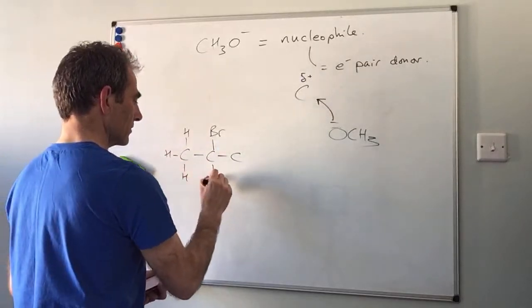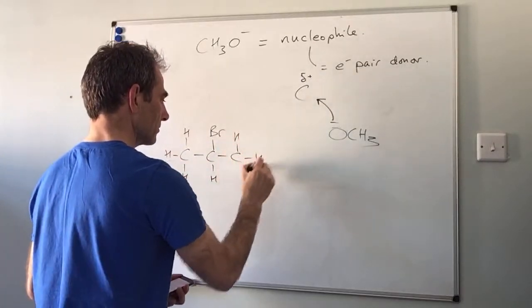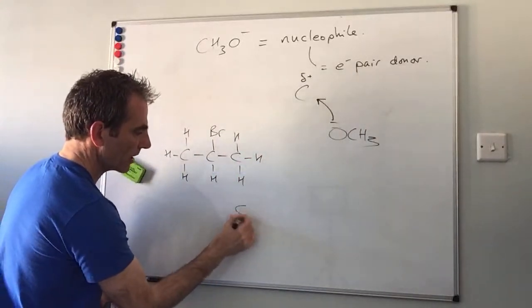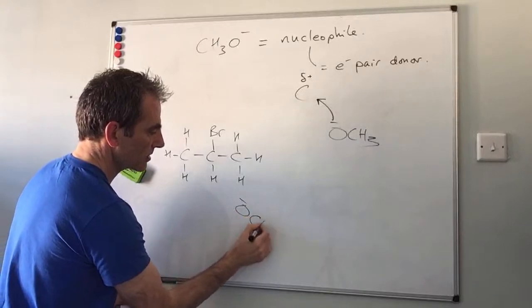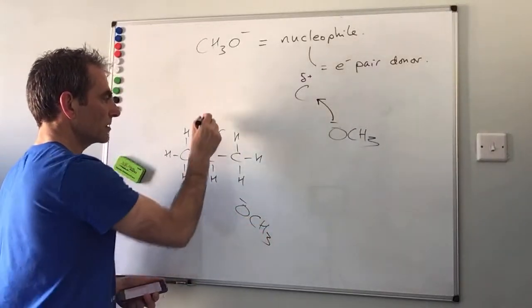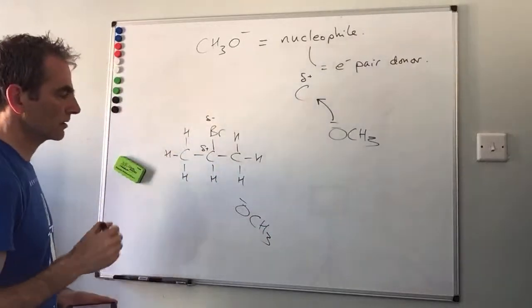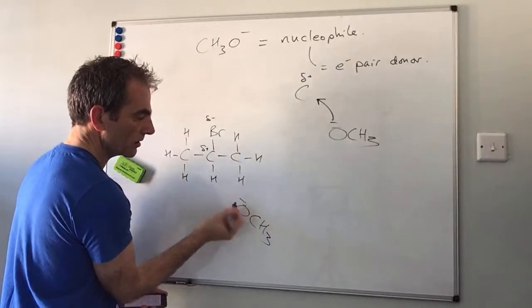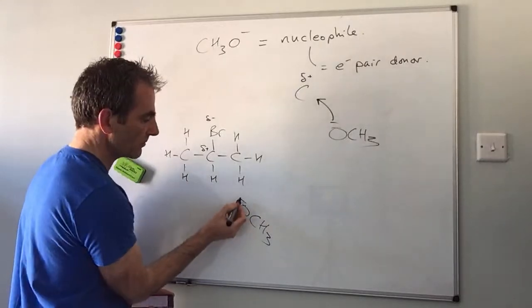Hydrogens around here. Methoxide ion, let's put it sort of there, O minus CH3, delta plus on the carbon, delta minus on the bromine. Let's go for the curly arrow from the minus sign this time, just so you see both types of mechanism.